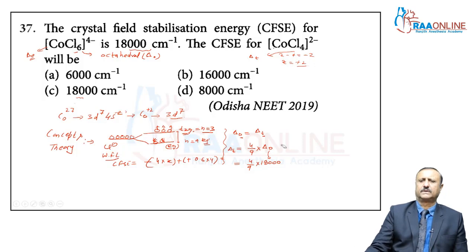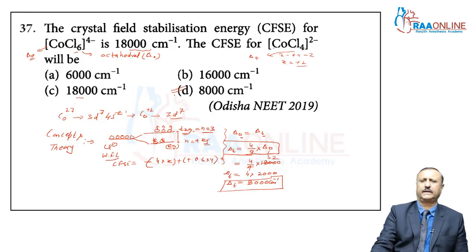Delta T is equal to 4 by 9 delta O. So using this relationship you can calculate the CFSE for tetrahedral, that is 4 into 2000, and you get 8000 per centimeter. So here delta T is equal to 8000 per centimeter.